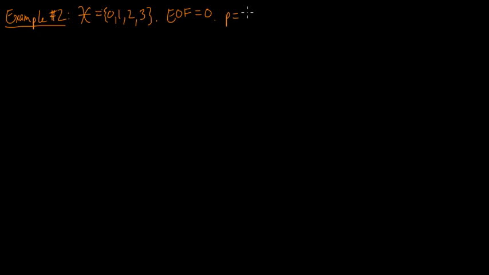And let's consider the following probability mass function: P0, P1, P2, P3 to be 0.05, 0.05, 0.5, and 0.4. One thing this illustrates is that the probabilities don't have to be in any particular order. Here they're not in increasing order like they were before.